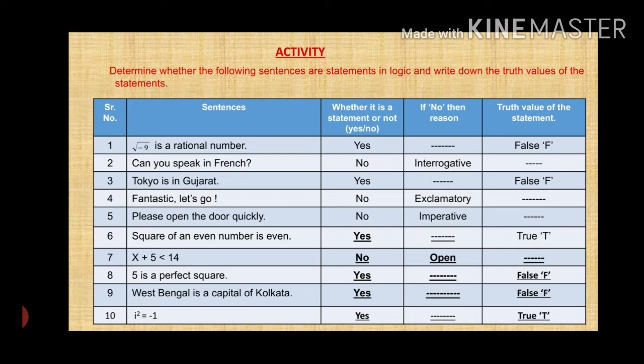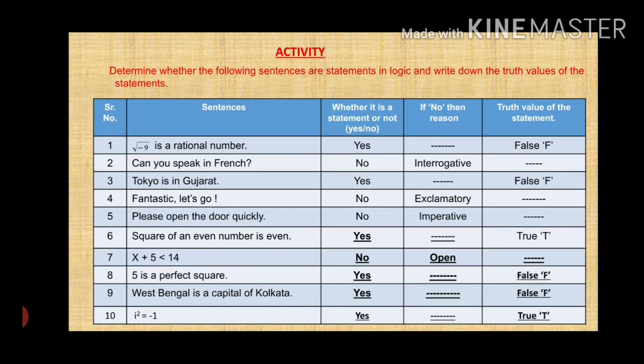Fine. If I put x is equal to 10, 10 plus 5 is 15, and 15 is not less than 14. So then this statement becomes false. So this is not a statement, it is an open sentence. So whether it is a statement, we write no, and the reason is because it is an open sentence. Getting? Next sentence.